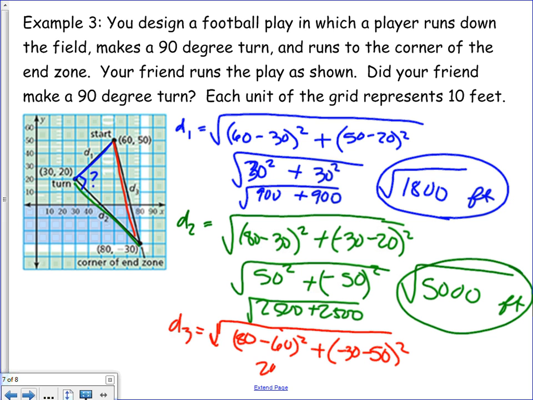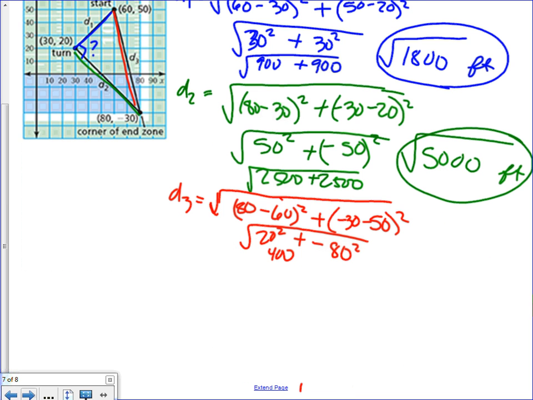So 20 squared plus negative 80 squared, which is the square root of both of them, so 400 plus 6,400. The square root of that, so that'll be the square root of 6,800 feet.